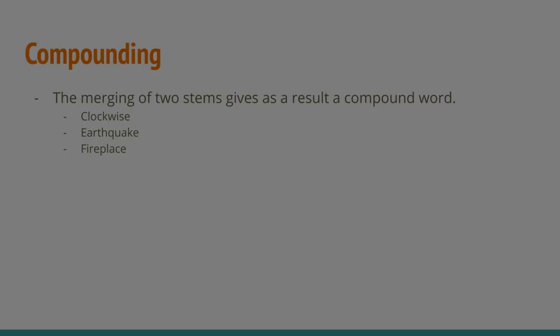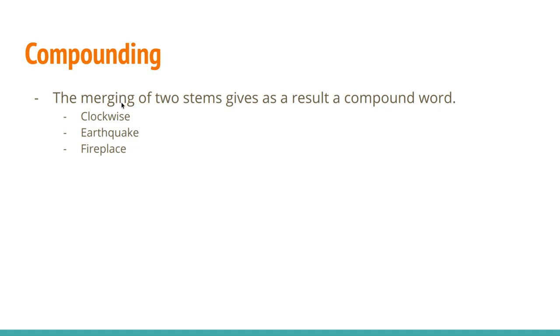Finally, we have compounding. Compounding is the merging of two stems, and as a result, I get a compound word, a new word that, many times, does not reflect the meaning of the constituents separately. If I say clockwise, for example, I'm not saying that there's a clock that is smart. I'm saying that something is moving in the direction of the hands of the clock.